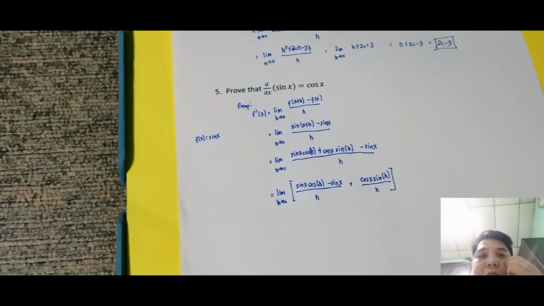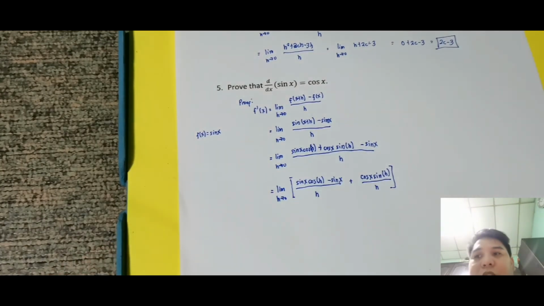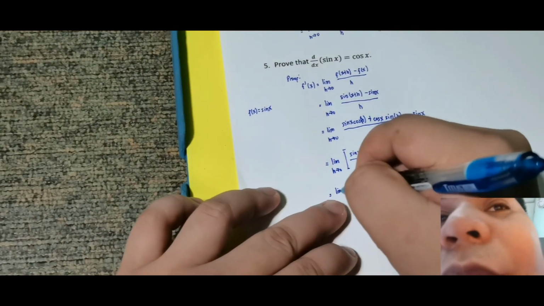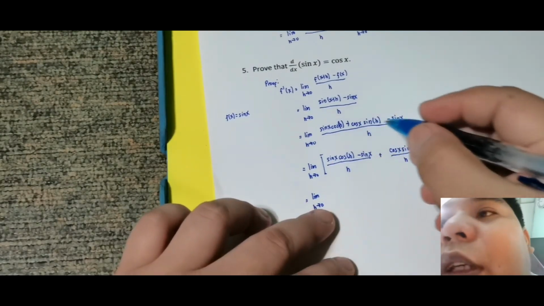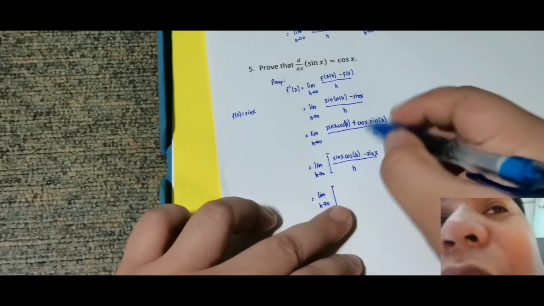Okay, then by that papactor out ko yung sin x, tapos paghihiwalayin ko yung limit. Kunin ko yung limit na ito, kunin ko yung limit sa kabila. Okay, so ang gagawin ko dito, this is limit as h approaches 0. Una, papactor ko yung sin x, no?